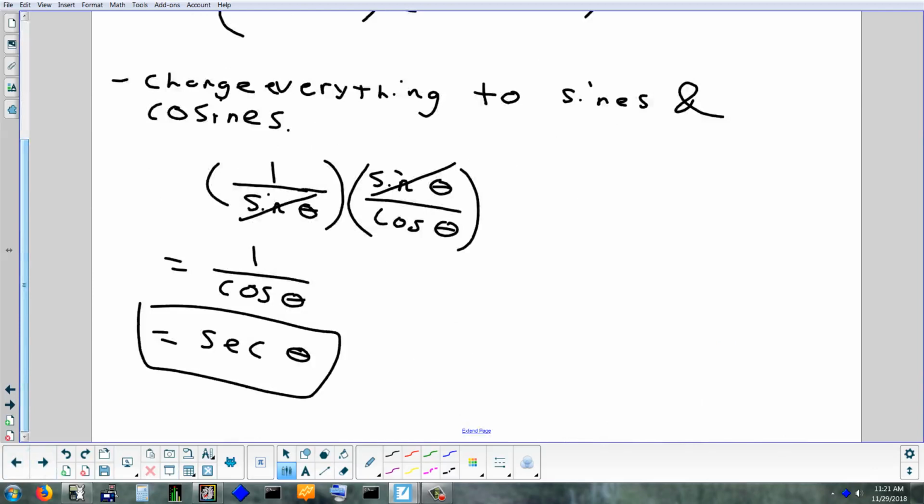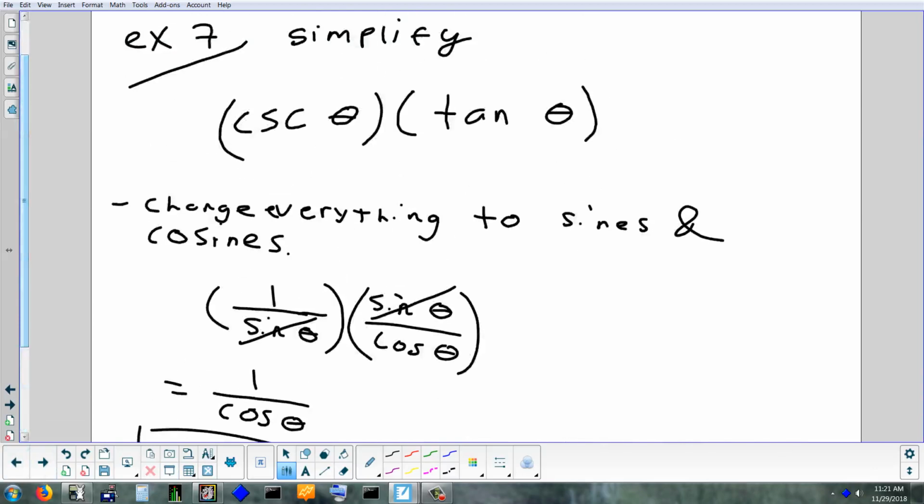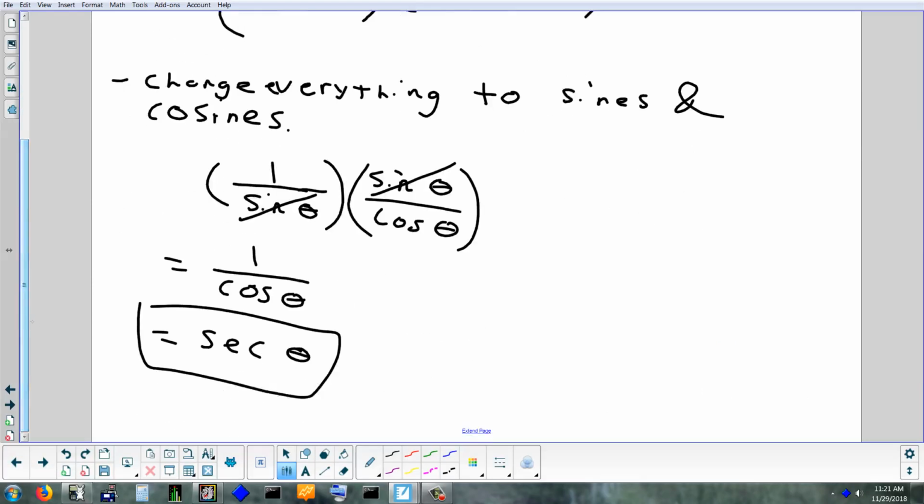And that's your answer. We took something that had two different trig functions multiplied together and simplified it to just a single trig function. Whatever we had to do next, it's a lot easier to do with just one than what we had originally. That's the basic idea.